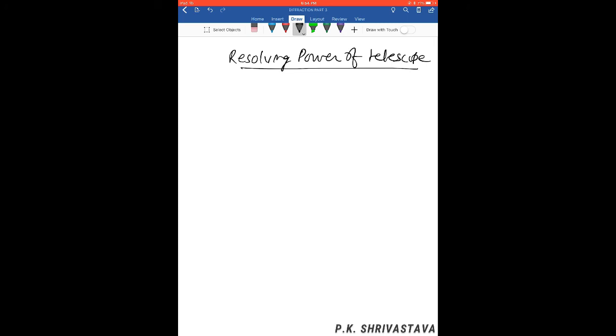For the telescope, limit of resolution is defined as the smallest angular separation between two distant objects whose images are just seen as separate through telescope.